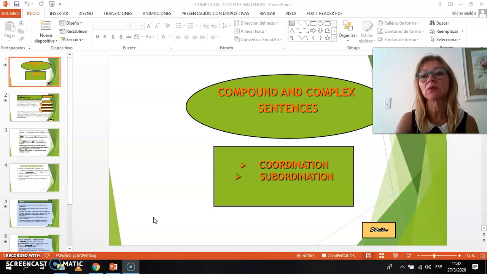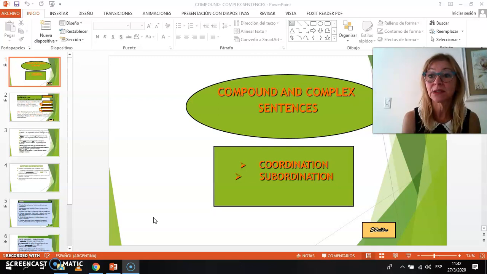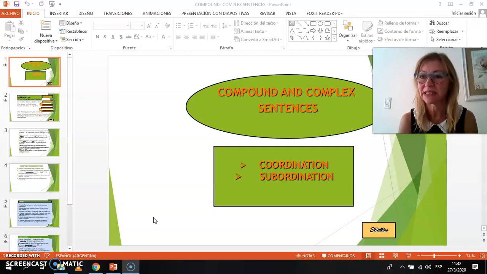As you know, when we speak about compound and complex sentences, we're speaking about sentences containing more than one clause. And the way these clauses are joined in a sentence has to do with coordination and subordination. So we can say that compound and complex sentences can be made so by means of coordination and subordination.